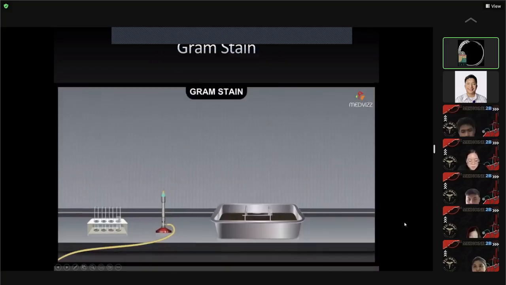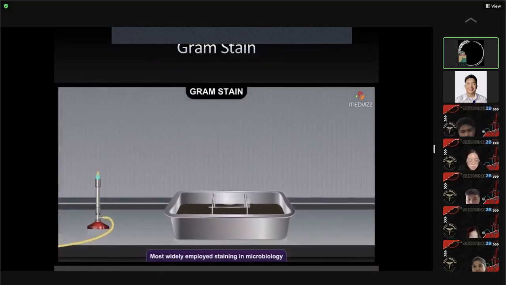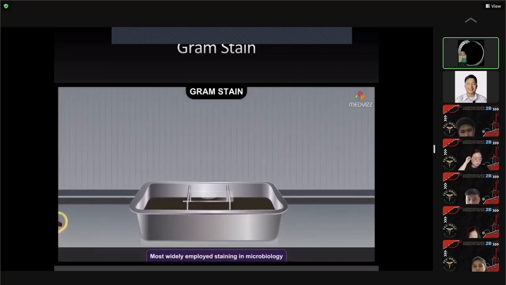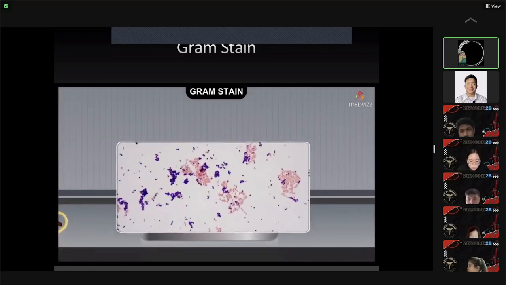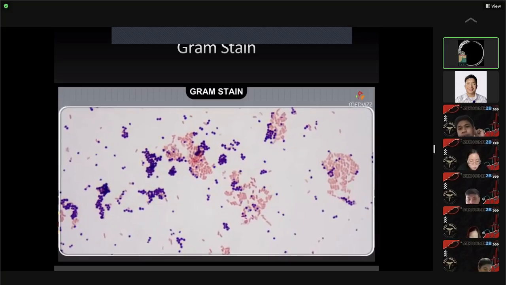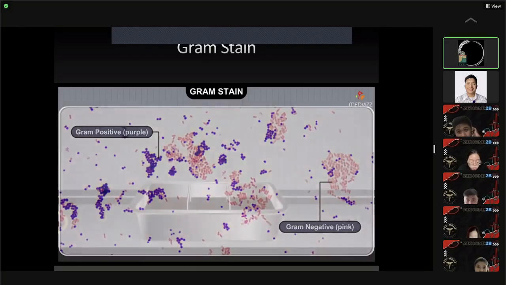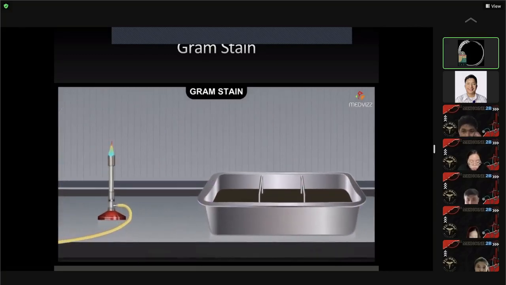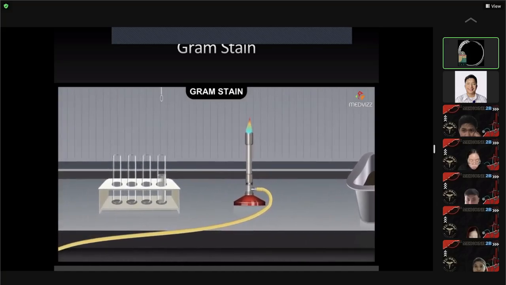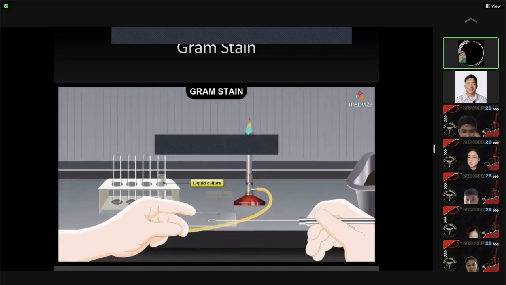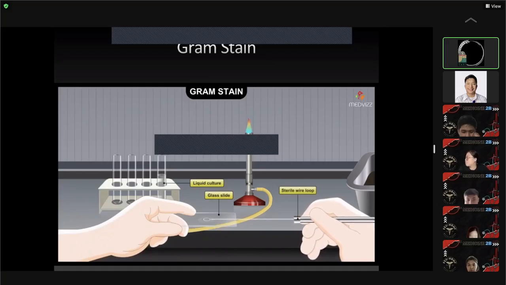The gram stain is the most widely employed staining method in microbiology. It is a differential stain because it divides bacteria into two classes, gram-positive and gram-negative. In the first step, cells from a fresh culture are transferred to a clean slide and allowed to dry.